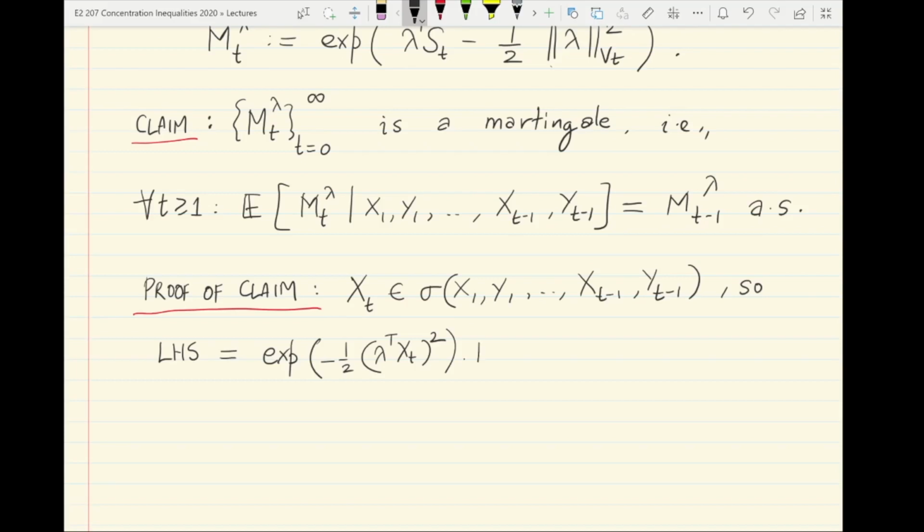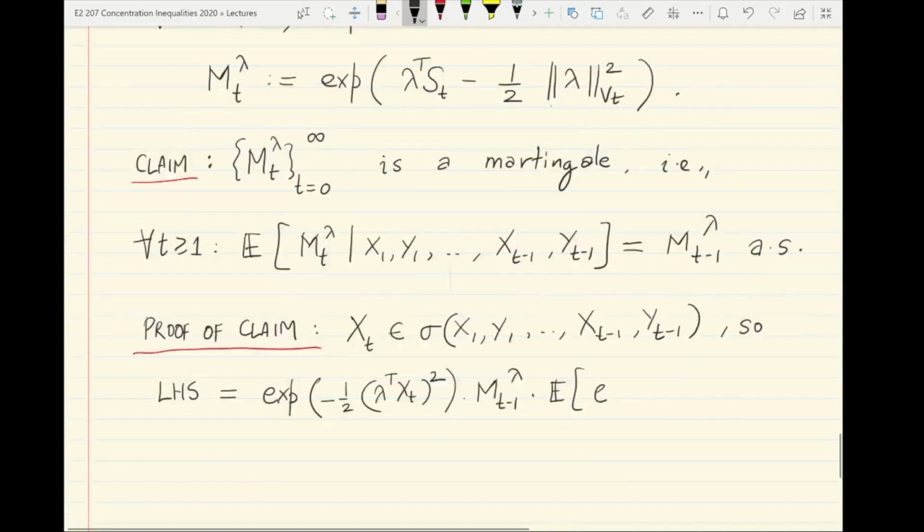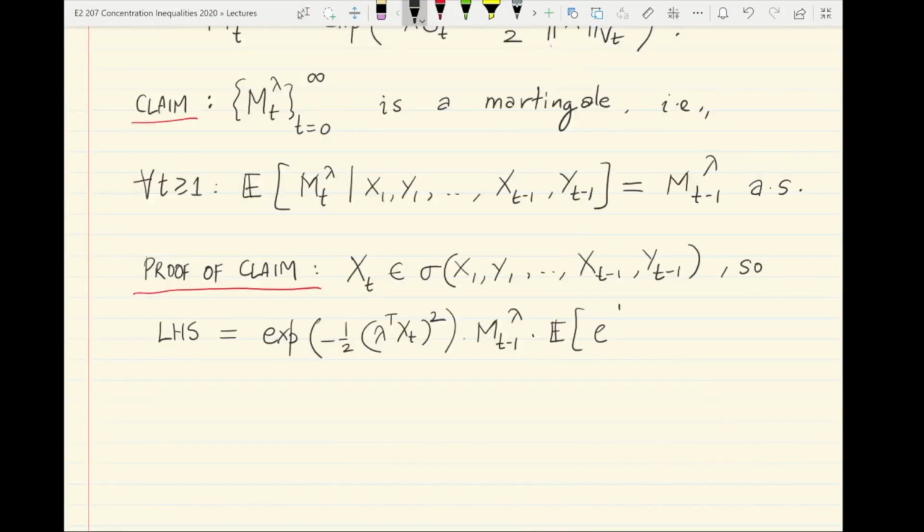And then M_{t-1}(lambda) also comes out of the conditional expectation, because it's a function of exactly all these things, x_1, y_1 up to x_{t-1}, y_{t-1}. The only thing that remains inside the conditional expectation is the last term of lambda transpose S_t, which is basically e raised to w_t lambda transpose x_t, given everything in the past.